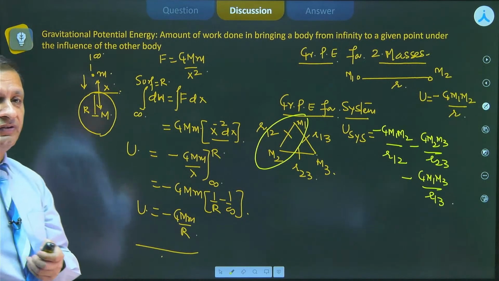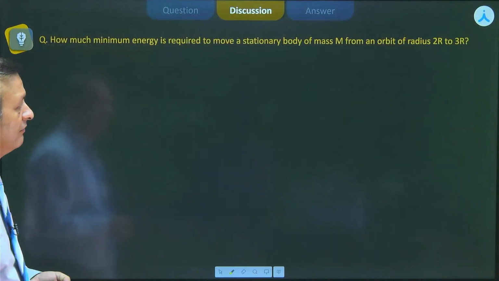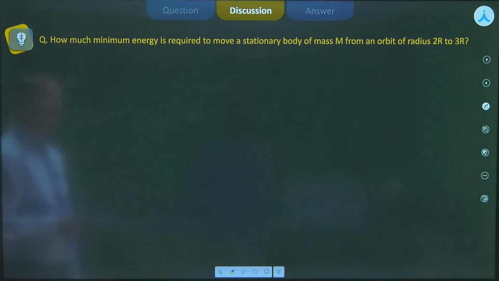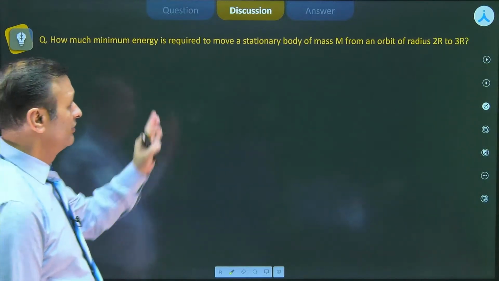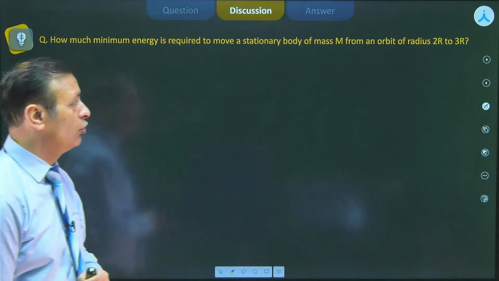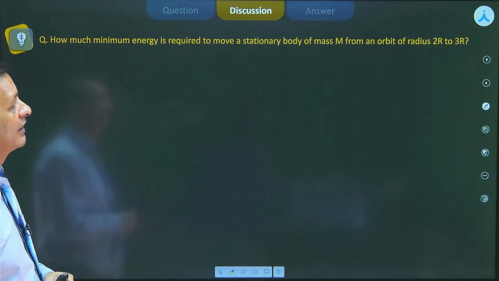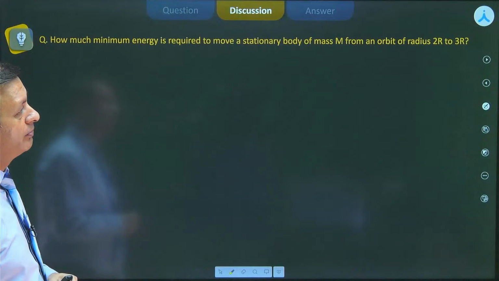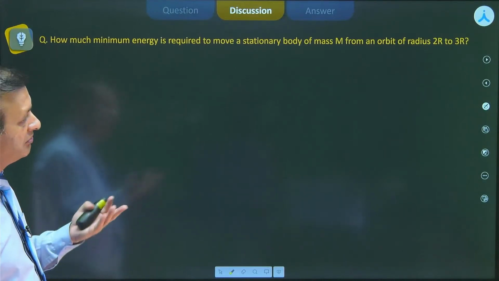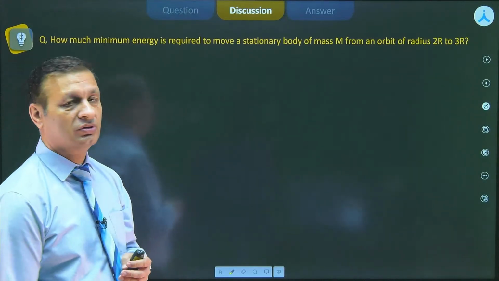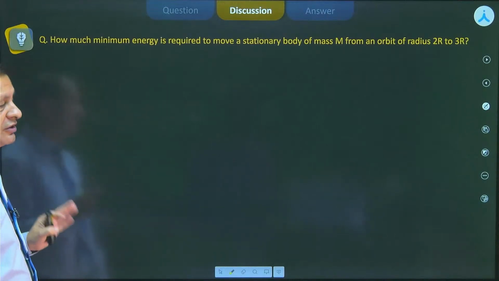Based on this, this is again one of the important areas. Let's calculate how much minimum energy is required to move a stationary body of mass m from an orbit of radius 2r to 3r.